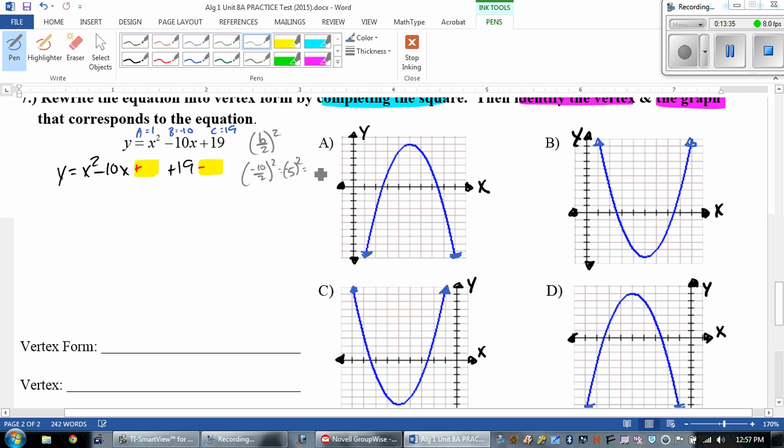And -5 times -5 is 25. So that's where we would add 25 and subtract 25. Well, the next step is I get to factor that part. So I want to know what numbers multiply to get to 25 and add to get to -10.